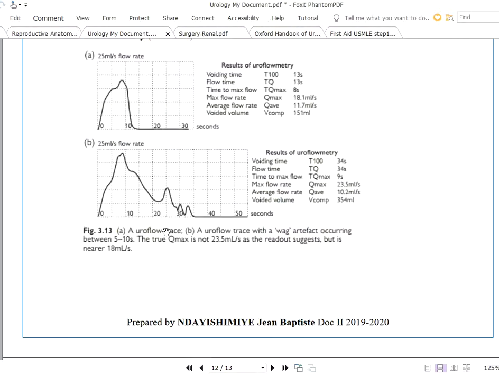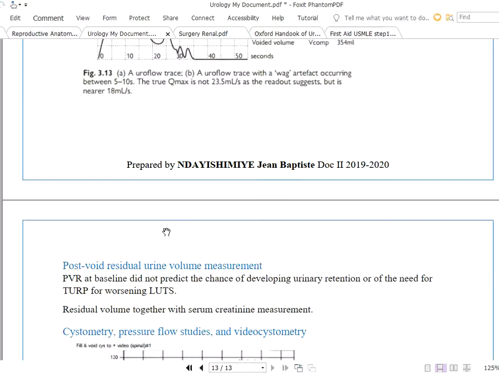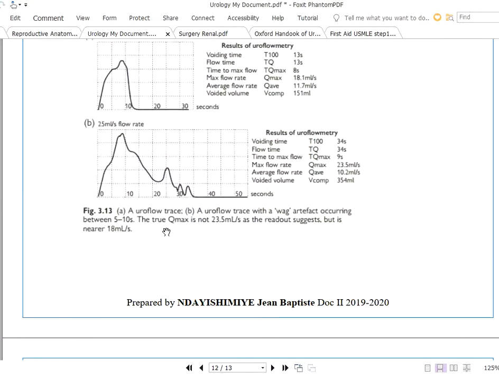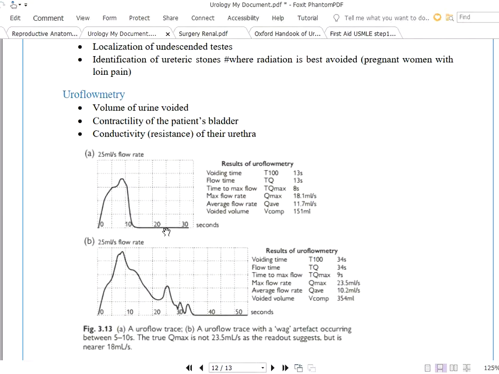But these tests have not shown benefit, because someone with obstruction and someone without obstruction may vary in those patients, and it doesn't tell us about outcome or changing the intervention.